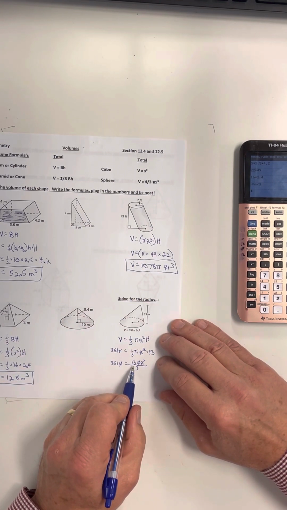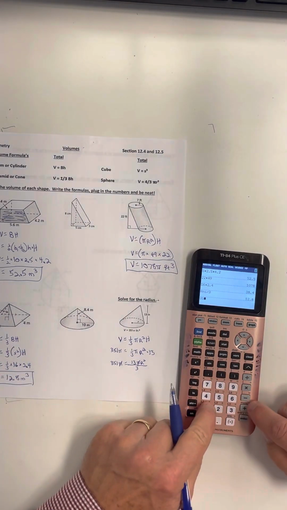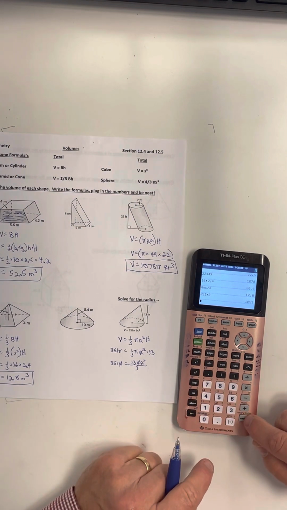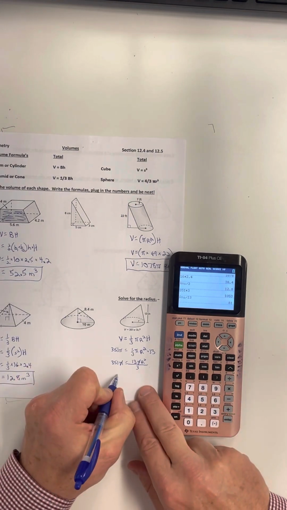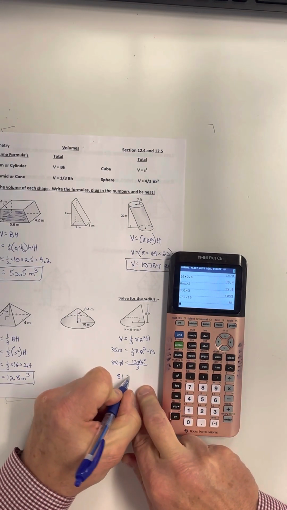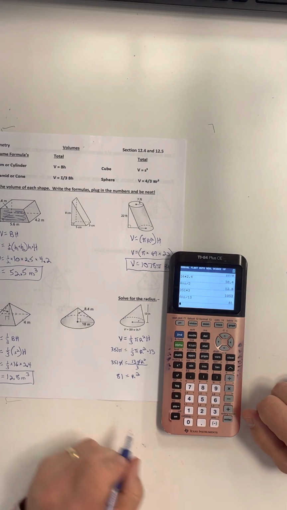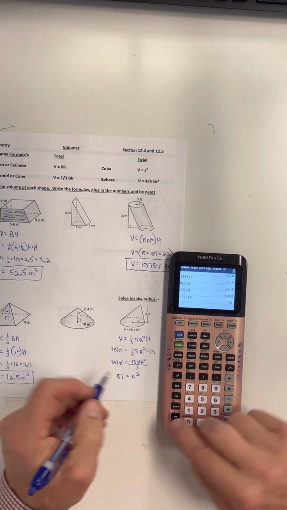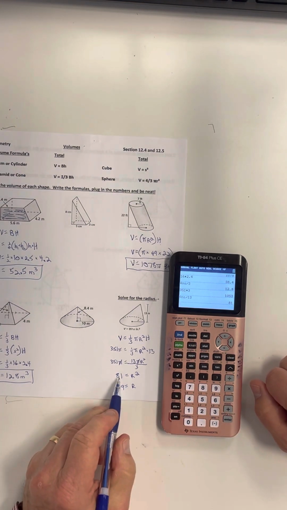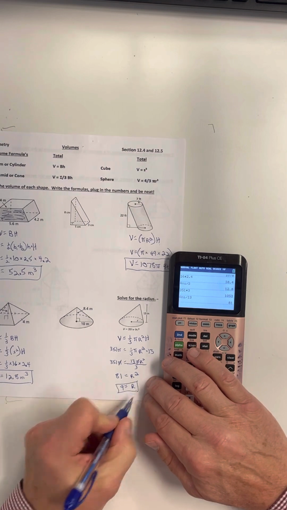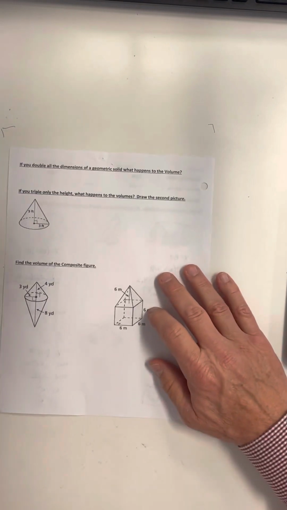To do that, I would take 351, multiply it times 3, then divide it by 13, and I get 81. And then take the square root of it, which would be 9. Okay, so it looked difficult, but actually it wasn't because we worked it out. Now you have to work these other problems out. Let's go to the back and see what's going on here.